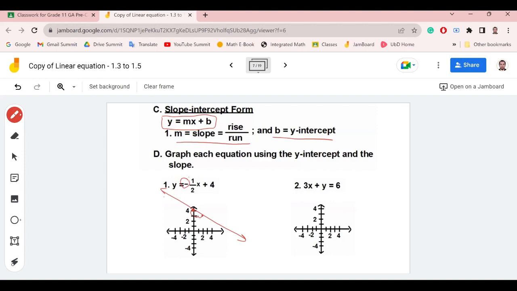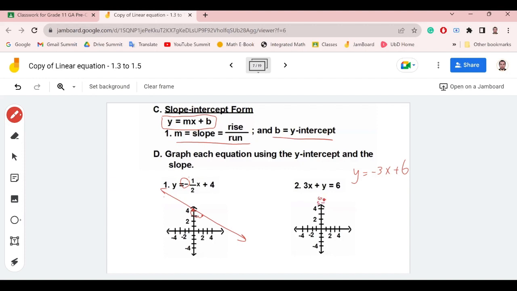Okay. How about this one? So how can I write it in y-intercept form? So y equals negative 3x plus 6, right? Okay. So now what's the y-intercept? 4, 5, and 6. 6 is the y-intercept.